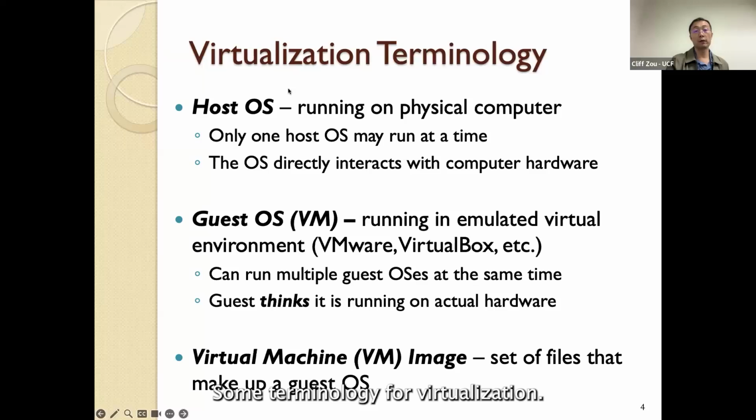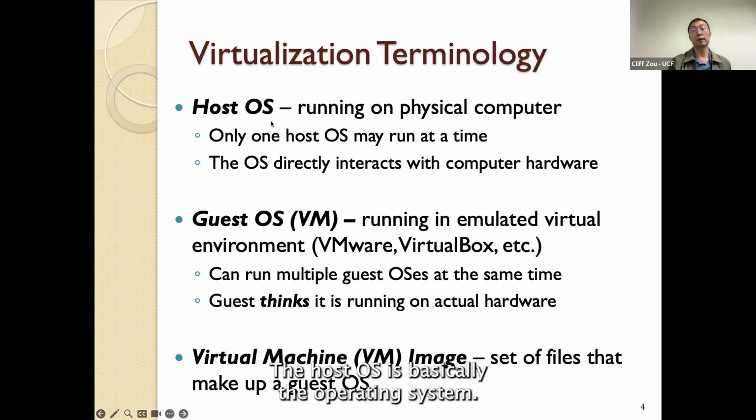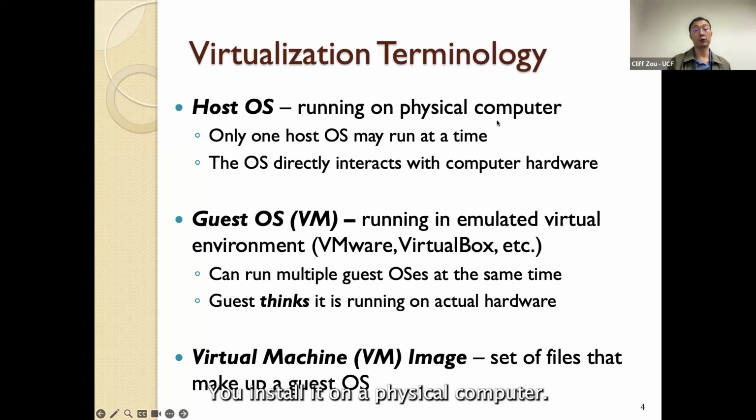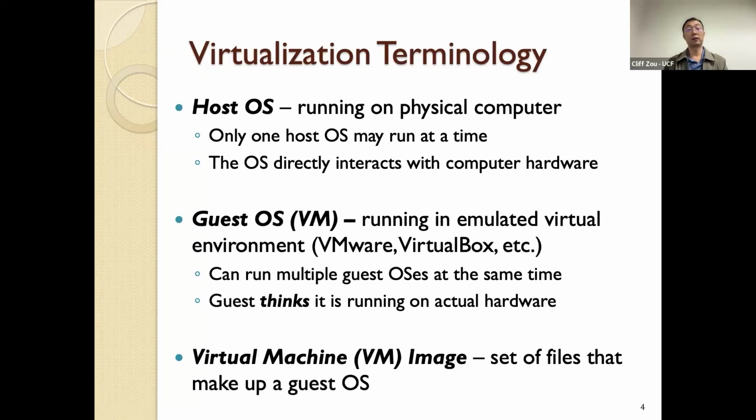Okay, some terminology for virtualization. The host OS is basically the operating system you installed on a physical computer. So that is the Windows or the Mac OS that you installed on your desktop or laptop when you purchased those devices.